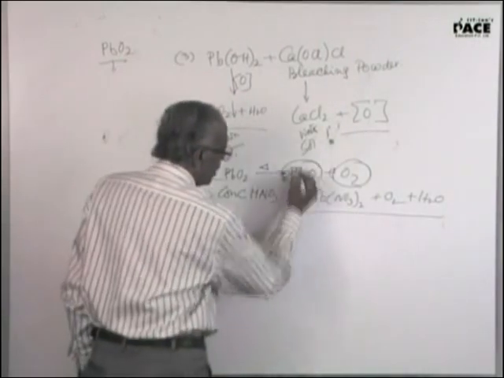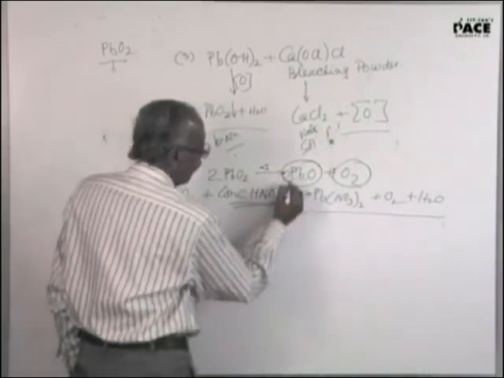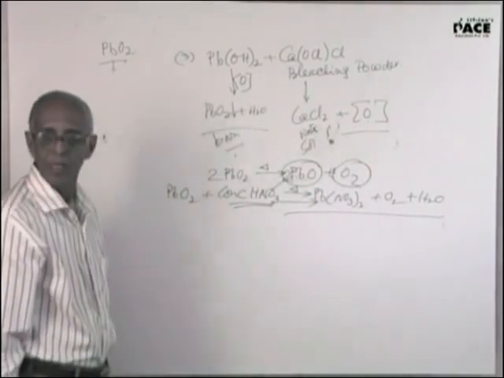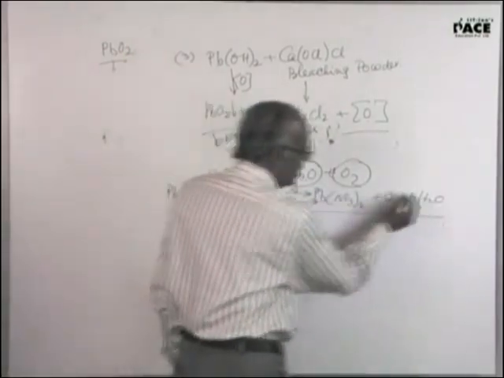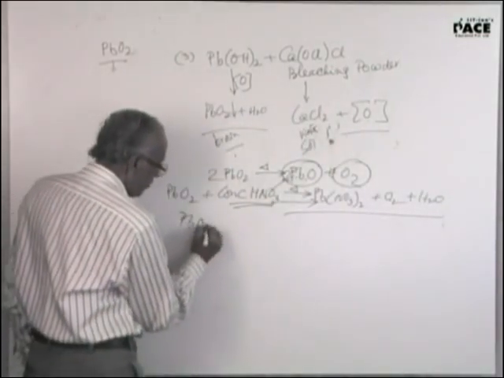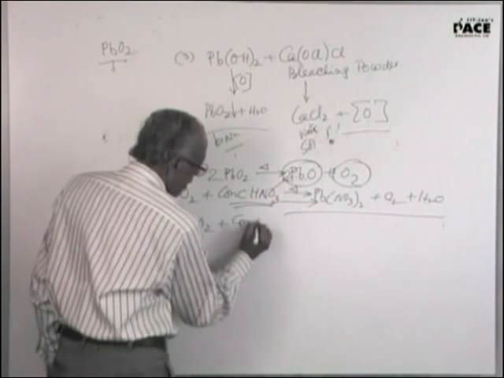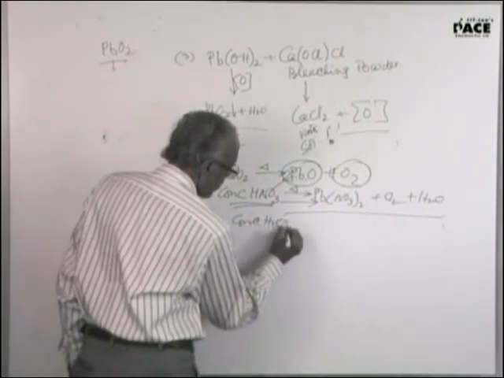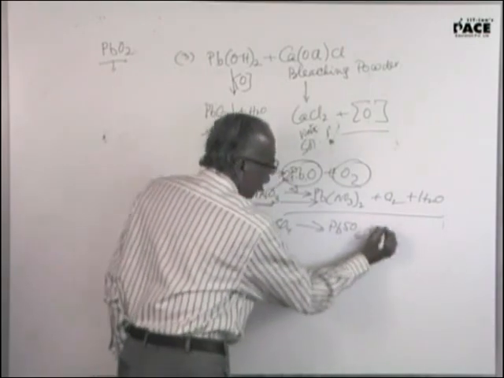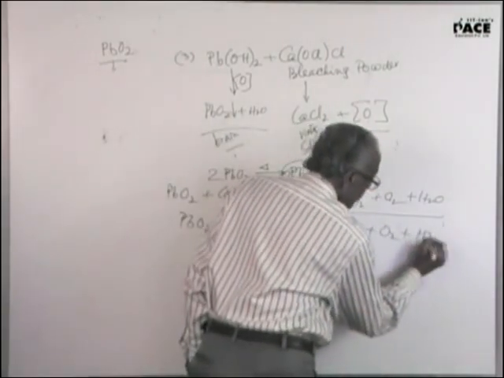And lead monoxide dissolves in nitric acid to form lead nitrate. So I will get lead nitrate, oxygen and water. Similarly, lead dioxide with concentrated sulfuric acid will give me lead sulfate, oxygen plus water.